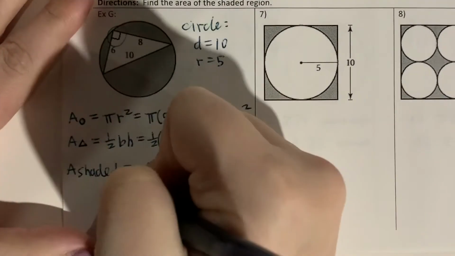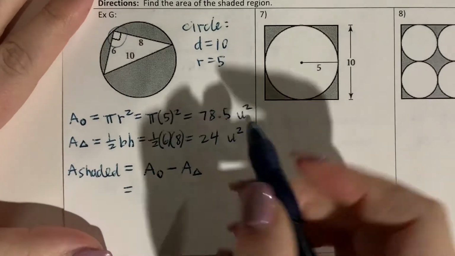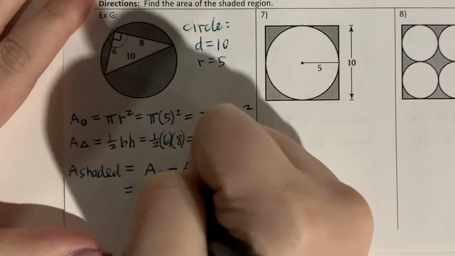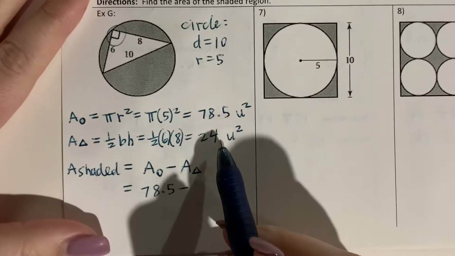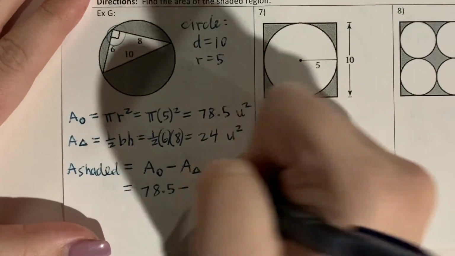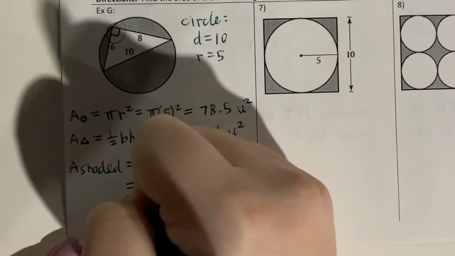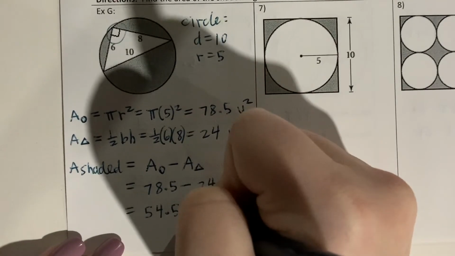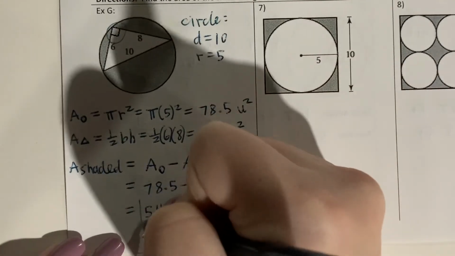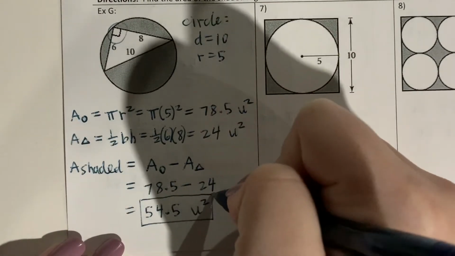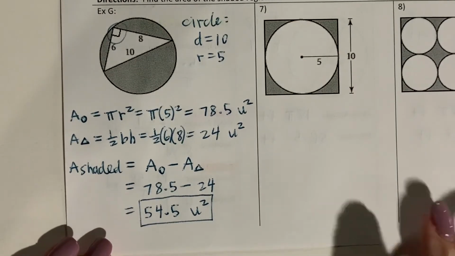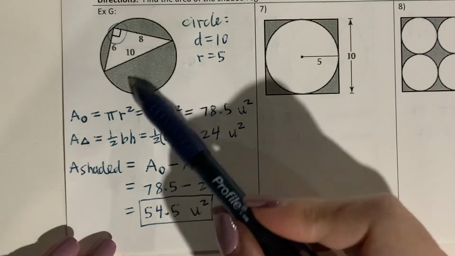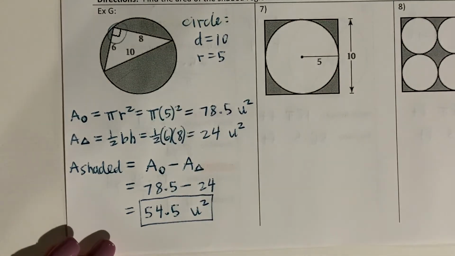So area of my shaded region, the area of the circle was 78.5. My area of the triangle was 24. And so for my final answer here, I'll get 54.5, we'll say square units. And that would be my area of the shaded region, the area between the circle and the triangle.